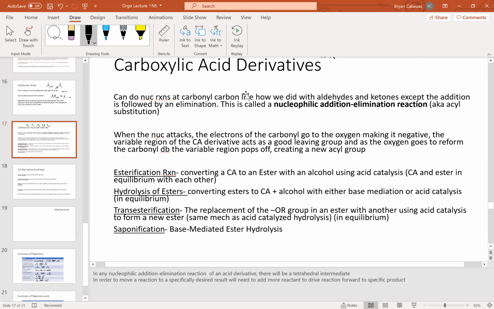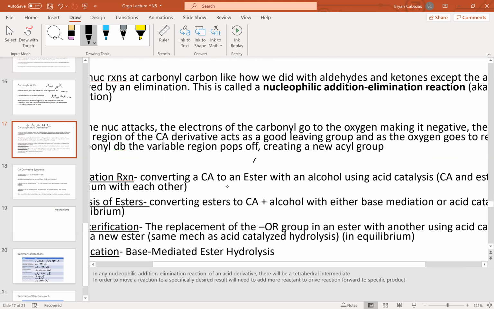And for these first three reactions, the esterification, the hydrolysis of esters, and the trans-esterification, all the reactants and the products and the intermediates exist in equilibrium with each other, right? For the esterification reaction, we have the carboxylic acid, and then we have the ester as the product, and the carboxylic acid is introduced to an alcohol.